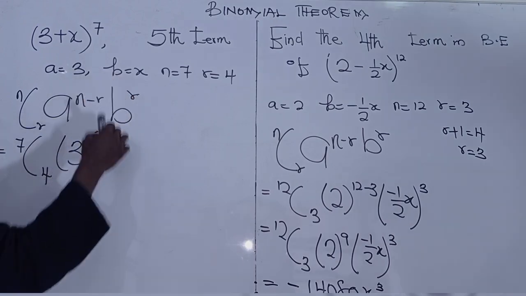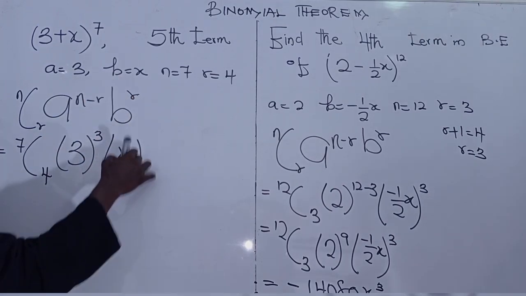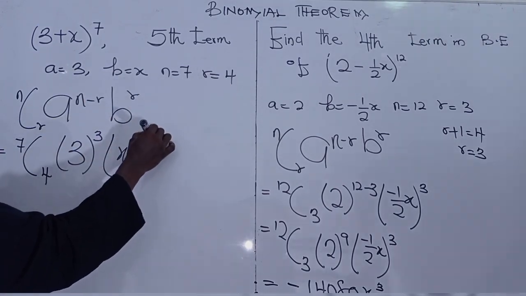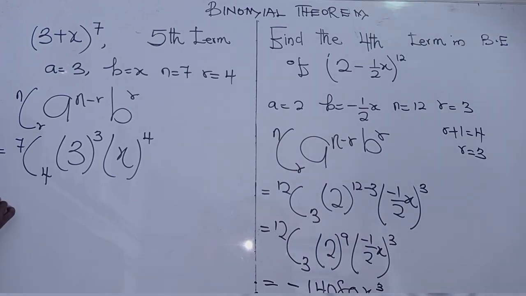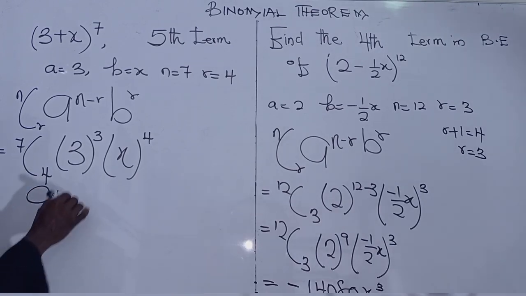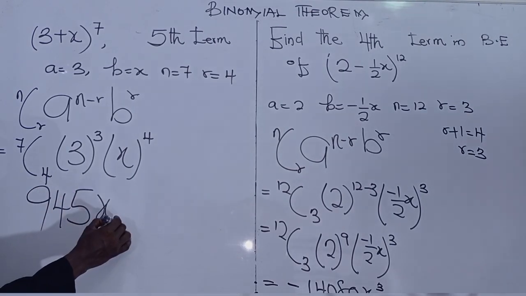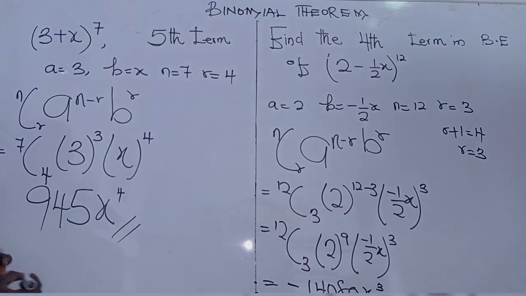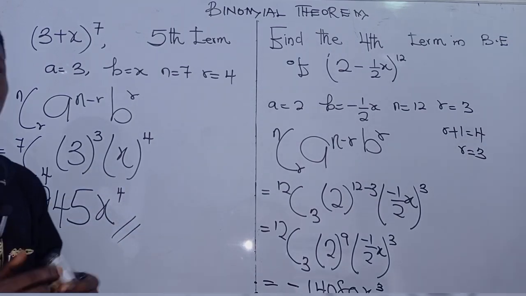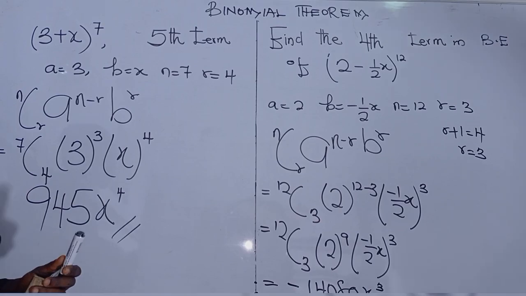Our b is x, so we have x raised to the power r, which is 4. Now once you have this, you just punch all of this into your calculator, and then you'll have 945x raised to the power 4. As easy as ABCD.